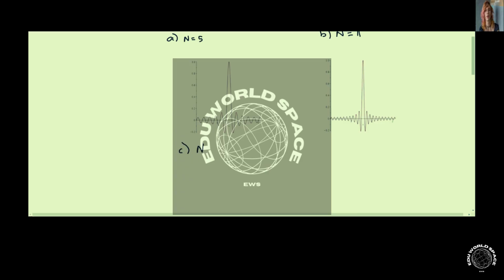I used a plotting program called Maple. It allows you to add summations and plot them with fair ease, very similar to something like Mathematica. The third one is n equals 21. So again, we're doubling the number of terms.